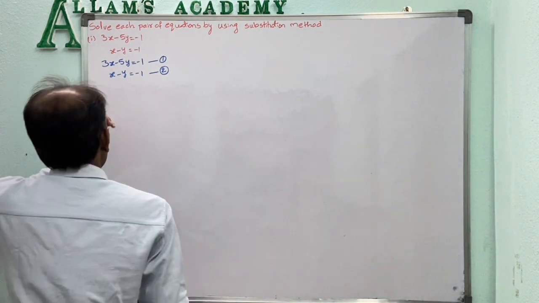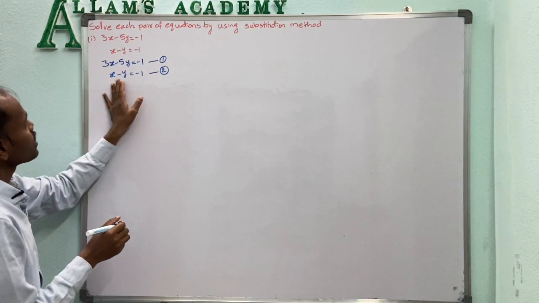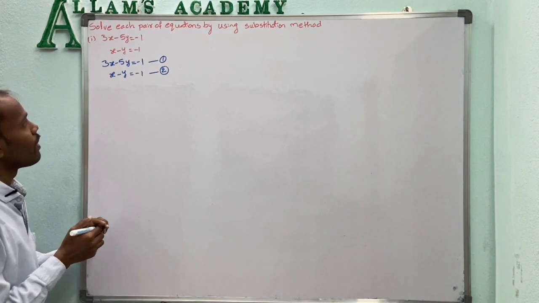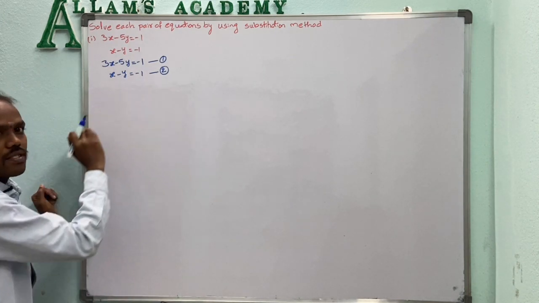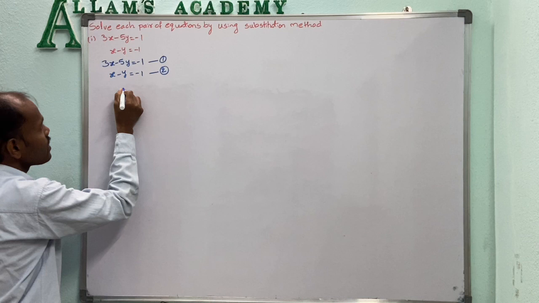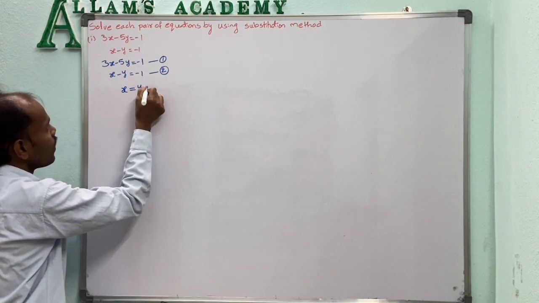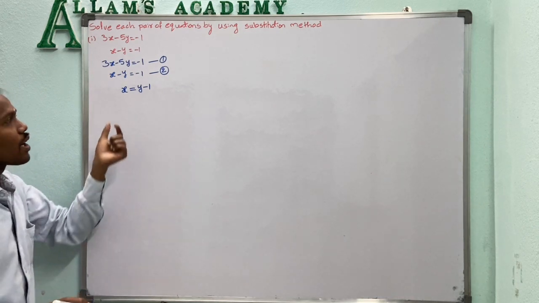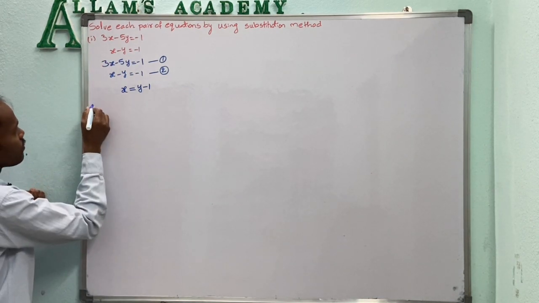Now, I am taking the second equation, x minus y equal to minus 1. Transferring minus y to the other side, it becomes plus, so x equal to y minus 1. Now we substitute this x value in equation 1.